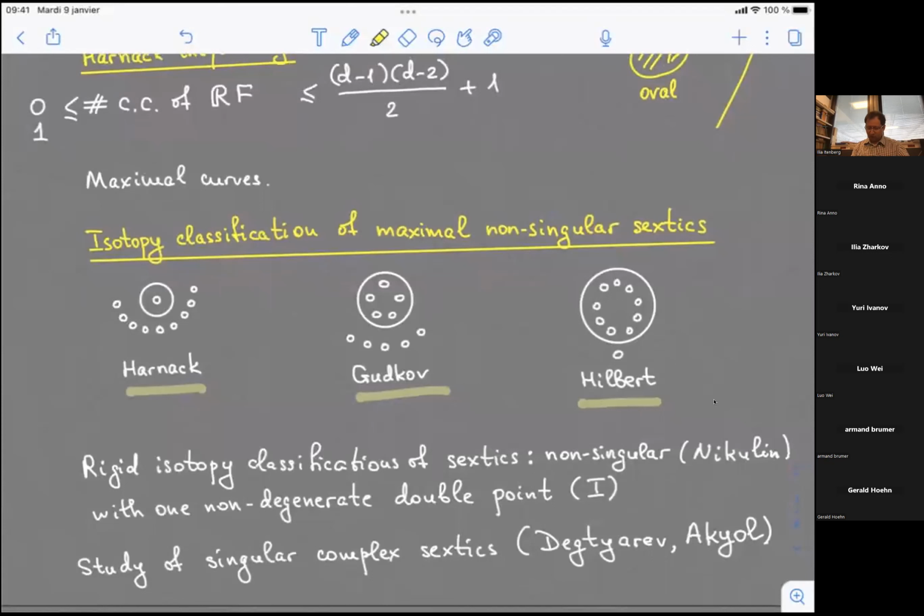This machinery can also be applied to study complex sextics, of course.